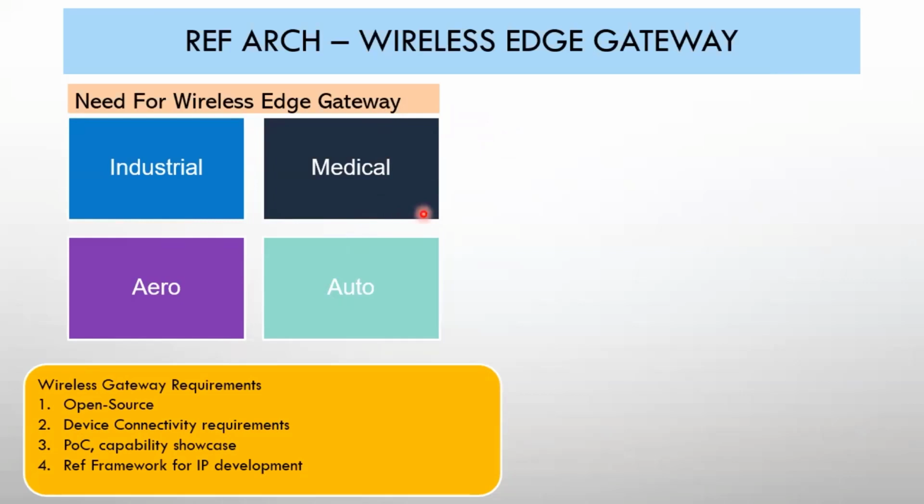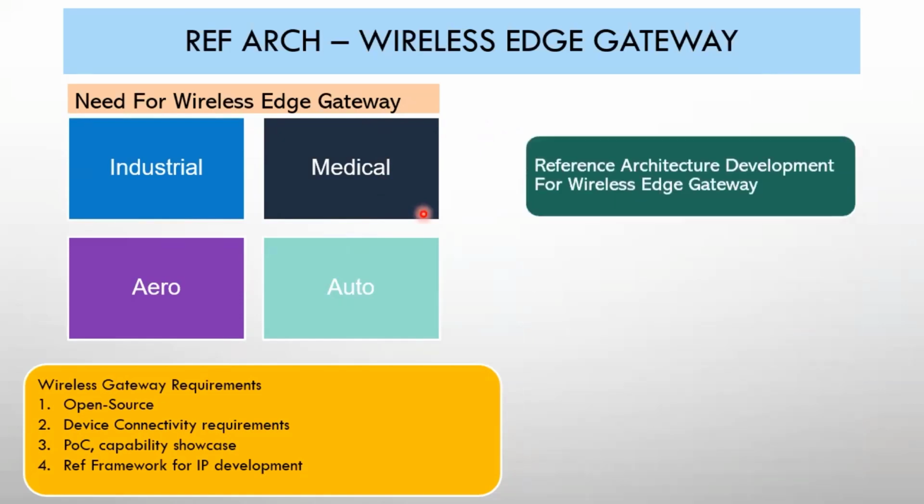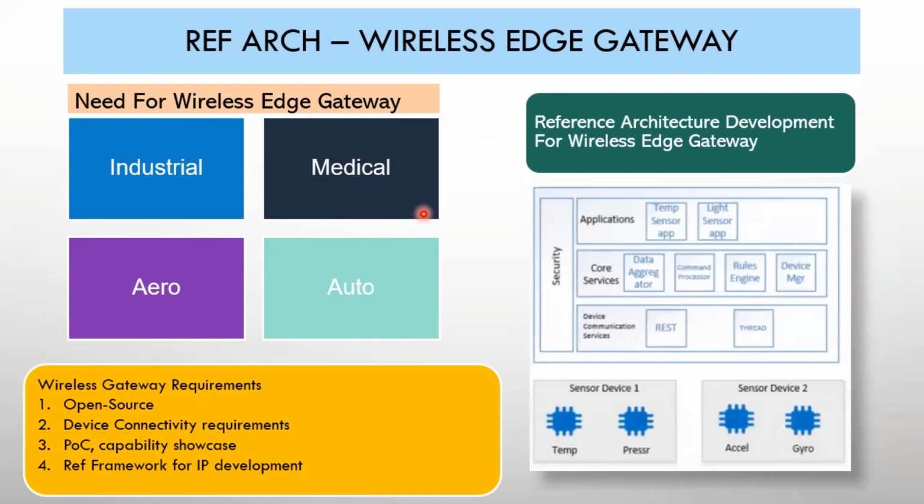So this is the start of our work in this IoT and edge computing area. As soon as we started seeing the trend, we came to a decision and started developing these wireless gateway requirements.